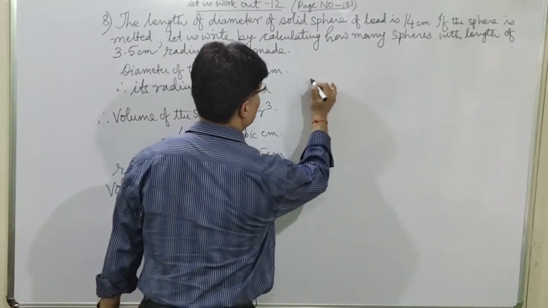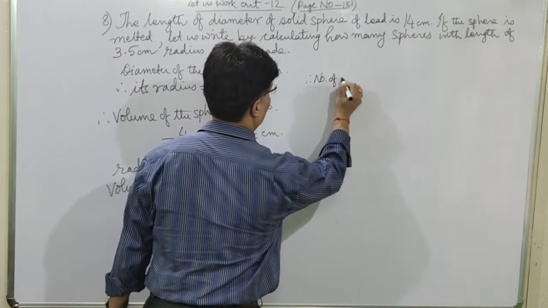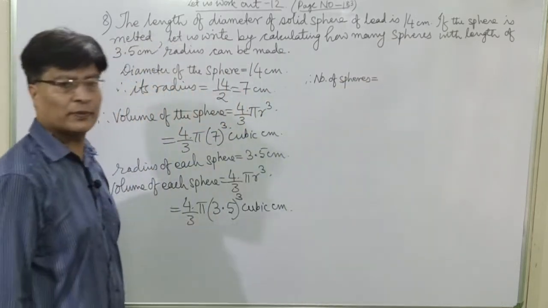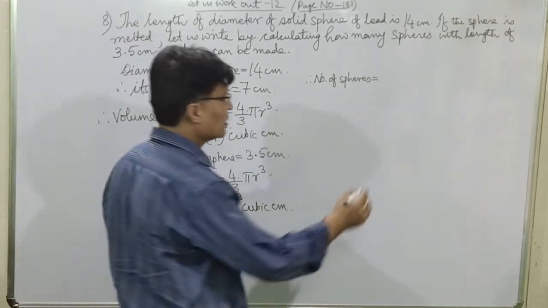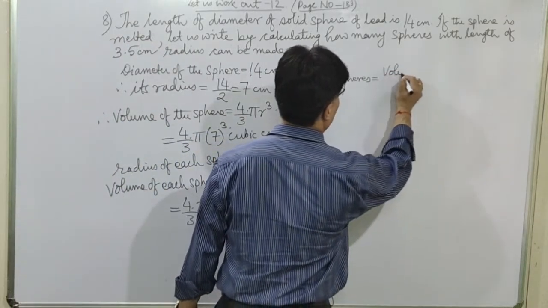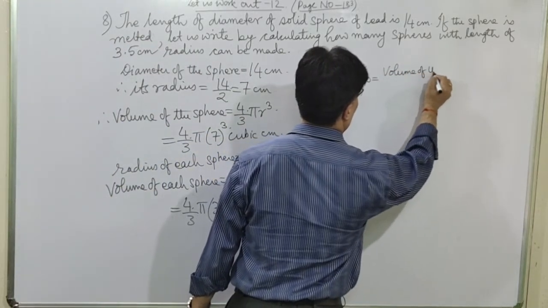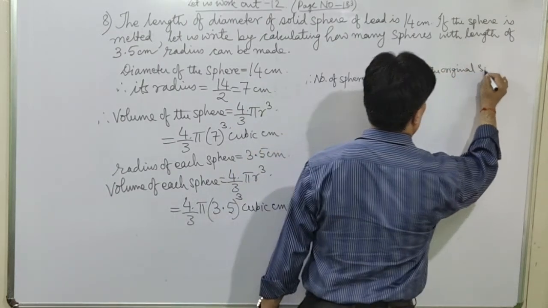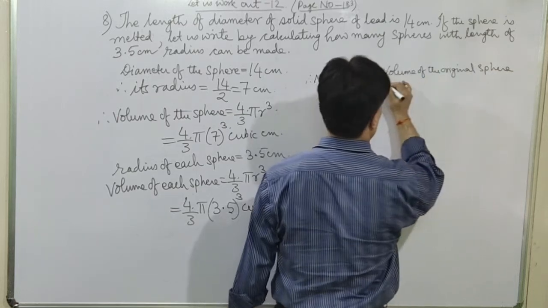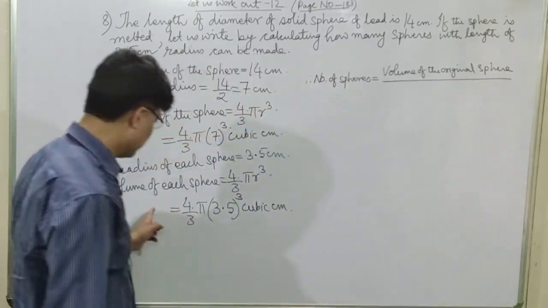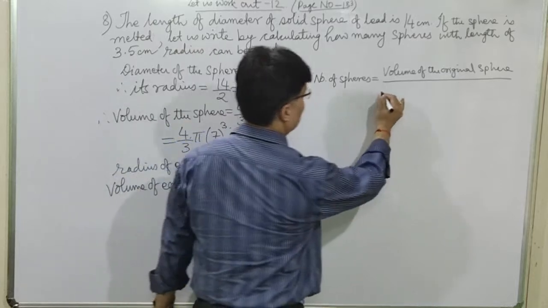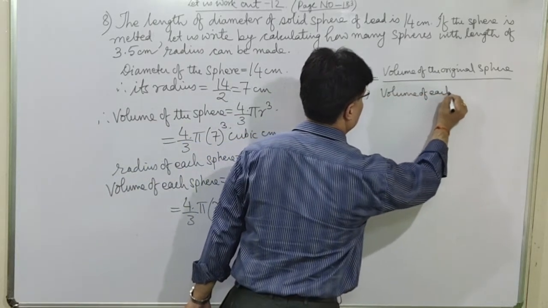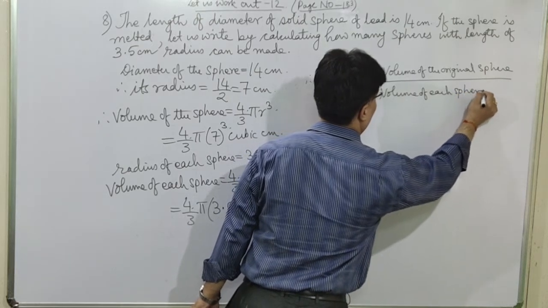So the number of spheres is equal to volume of the original sphere divided by volume of each sphere, right?